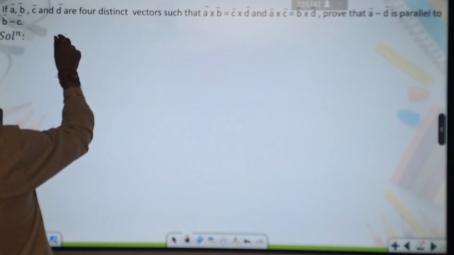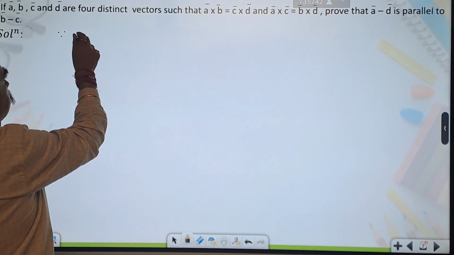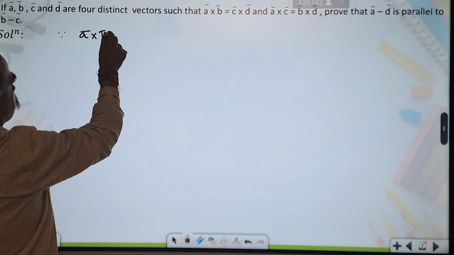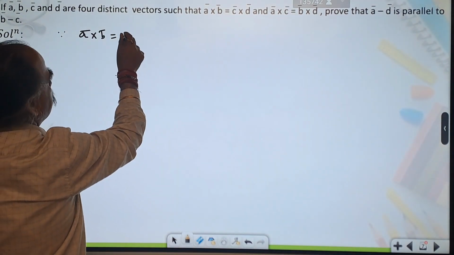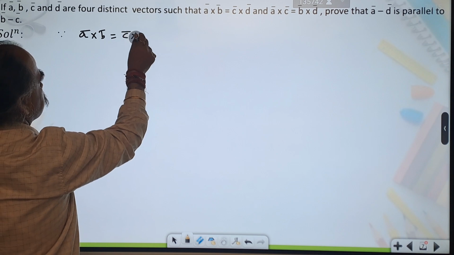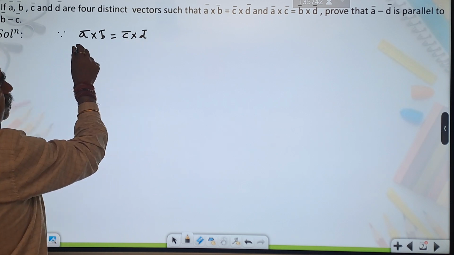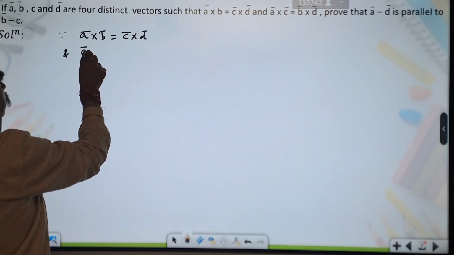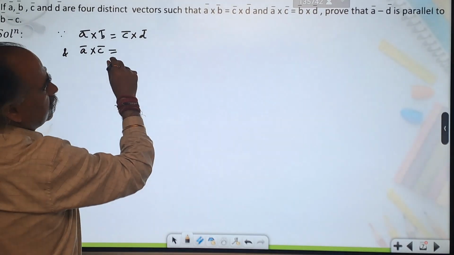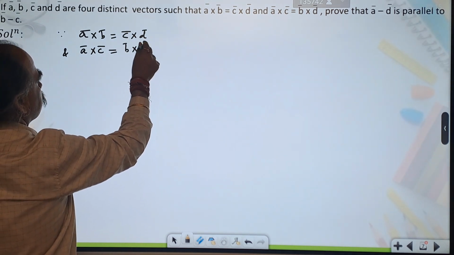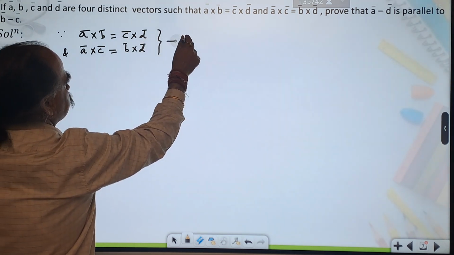Since A bar cross B bar is equal to C bar cross D bar and A cross C is equal to B cross D, write this as equation number 1.